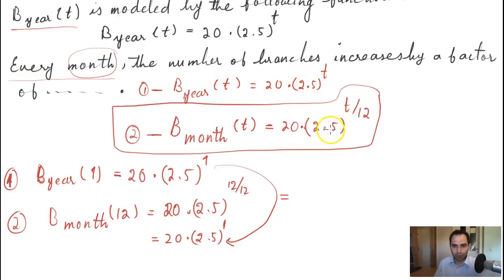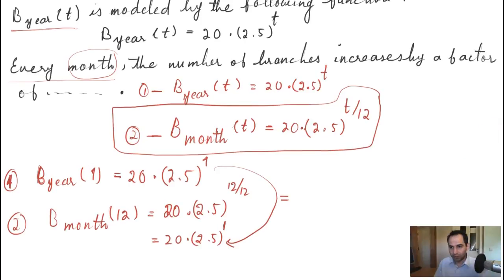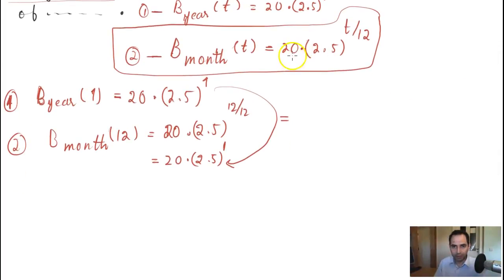So now I need to make some changes to this function to take care of this factor, because based on this function, every month a different factor is being multiplied by the output of the function, not 2.5 but way less than 2.5.